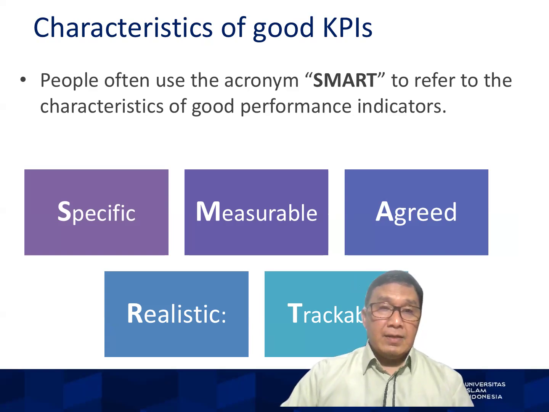Specific is very clear, that a KPI should be as specific as possible, not biased. Measurable means it can be calculated, it can be measured with specific tools. For example, like on-time delivery, it can be calculated.